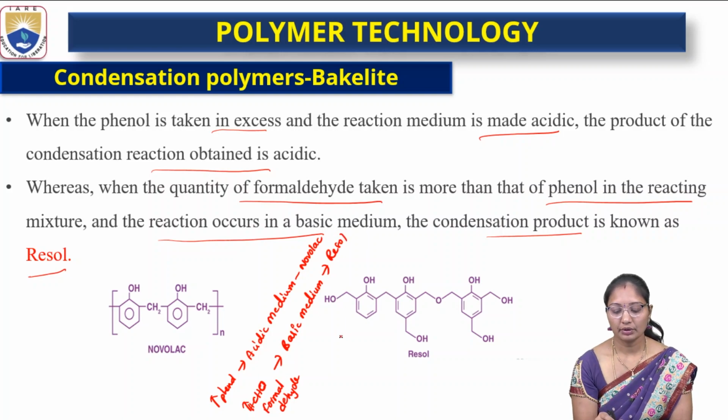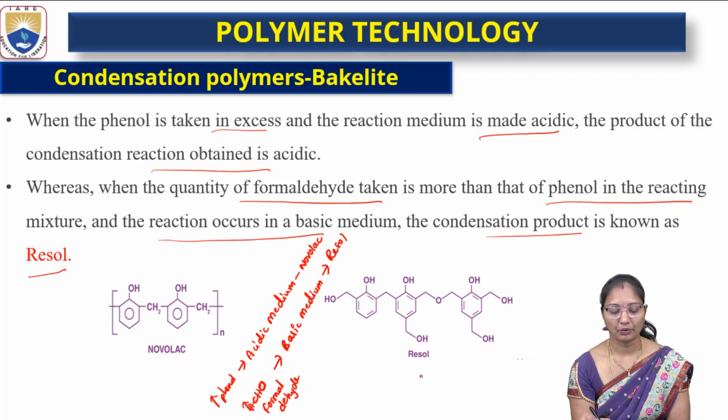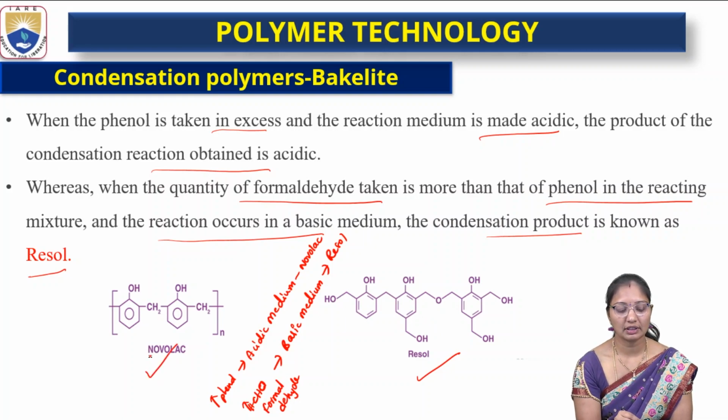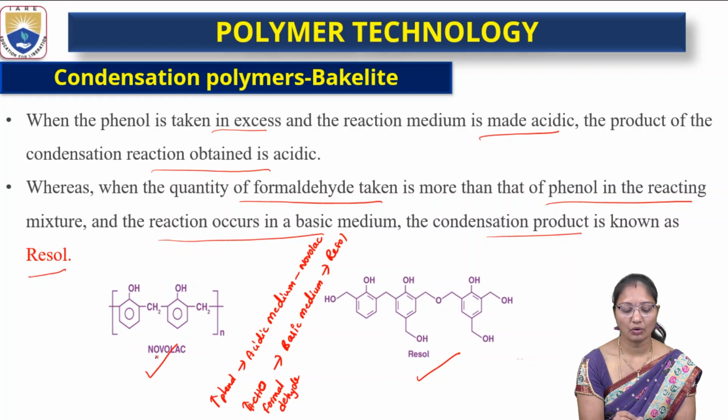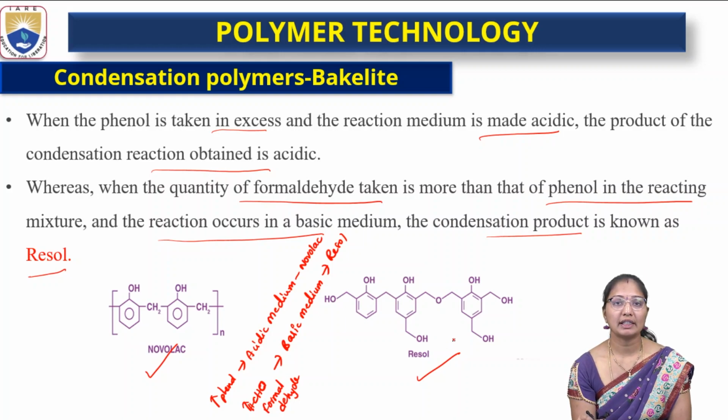So this is the resultant compound. The molecular structure of resol is this, and the Novolac formed from phenol and ortho-hydroxymethylphenol is Novolac, and from formaldehyde and the phenol compound is resol.